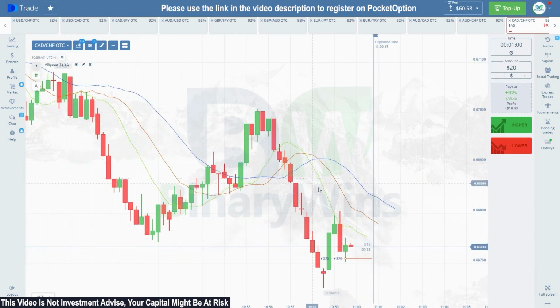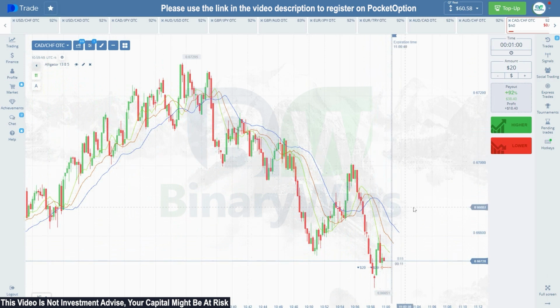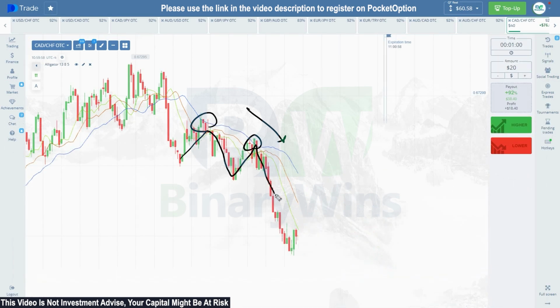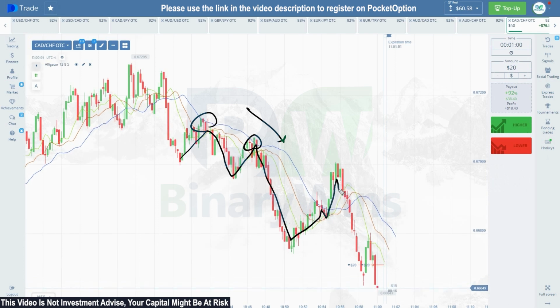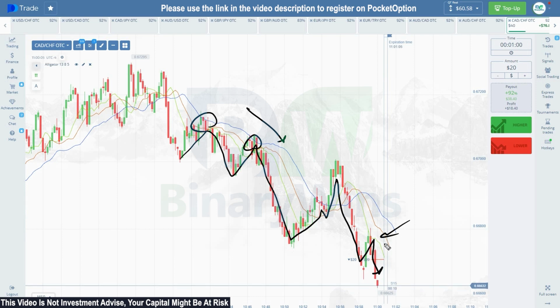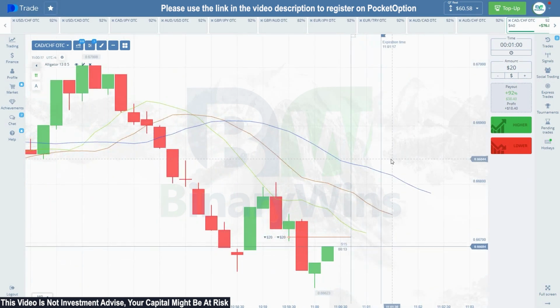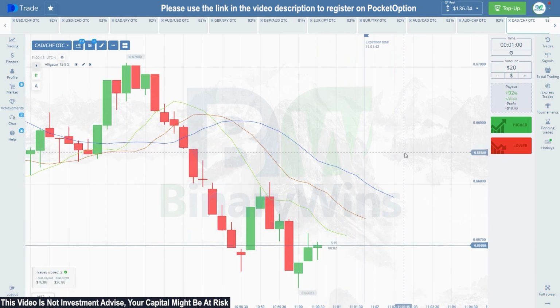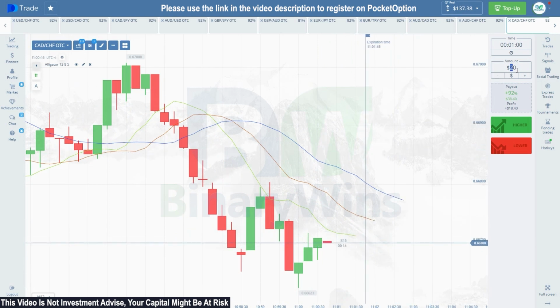Okay, as you can see, in the downtrend our trend has already reacted to these lines. That's why I entered the lower trade.